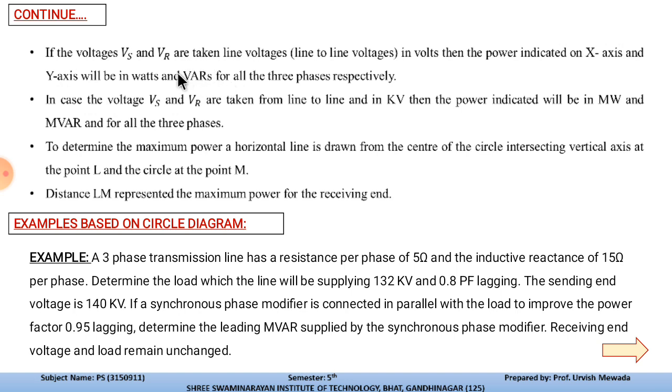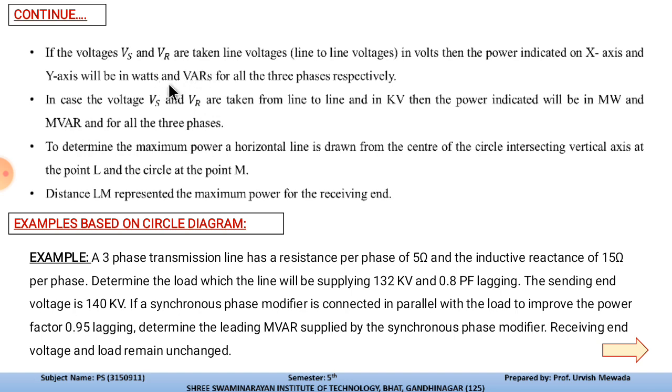And in case the voltages Vs and Vr are taken line to line and in kV, then the power indicated will be in megawatts and MVAR. So these are the units of the true power, sorry, the apparent power.